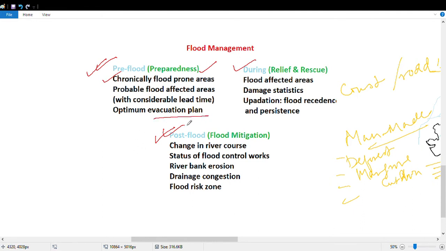An evacuation plan is made. During the flood, most of the things rely on updating data on a real-time basis. It helps to maintain the rescue plan and send relief measures.